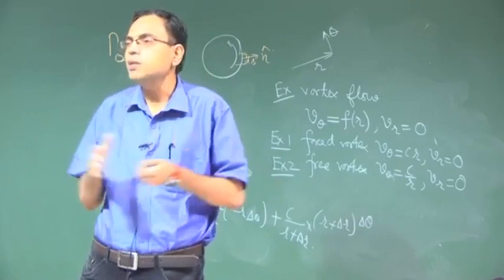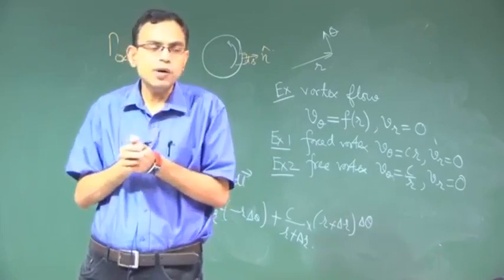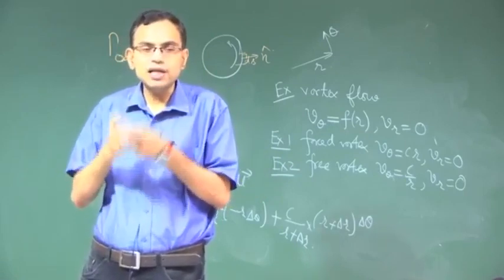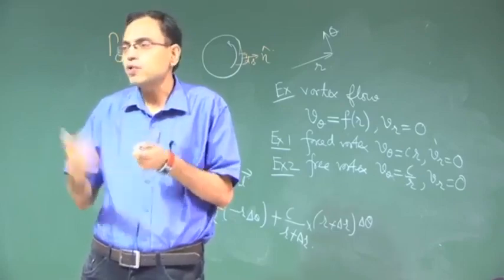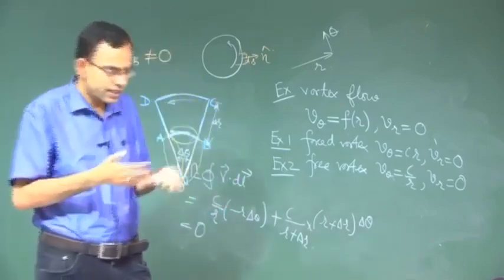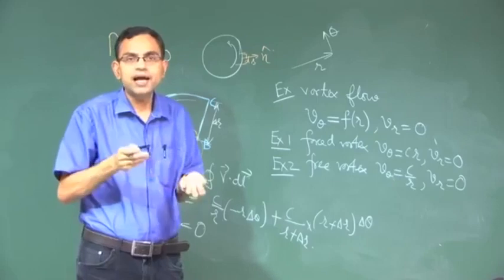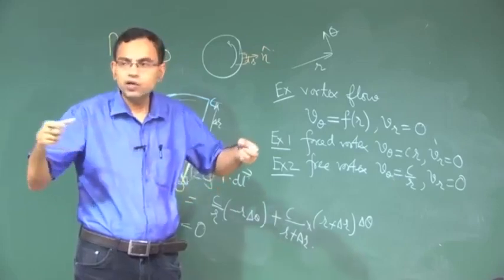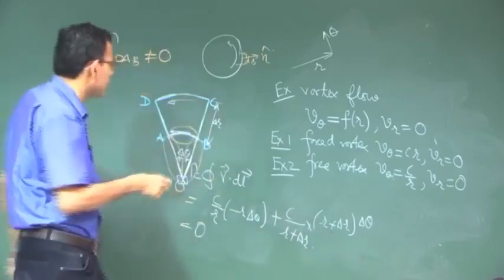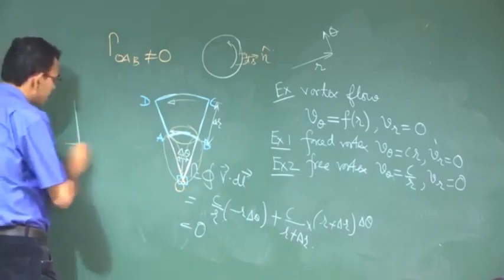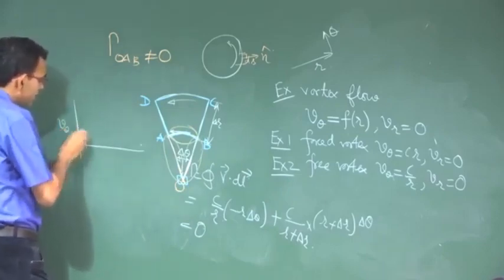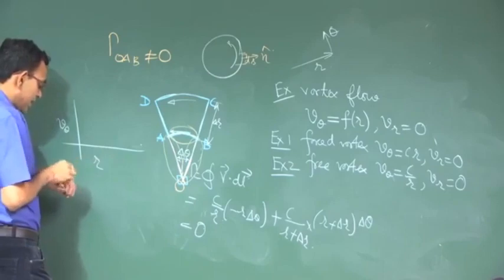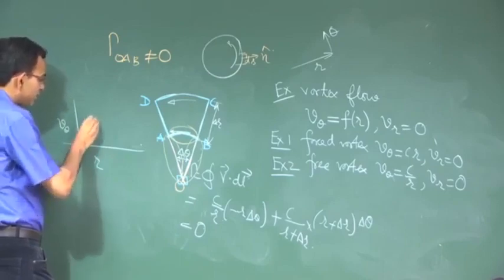Okay. Now, in practice, the forced vortex or free vortex models as standalone models may not be sufficient to describe the practical problem. So, the practical problem is often described as a combination of forced vortex and free vortex, which for example is very commonly used for designing the flow structure during a tornado at the atmospheric scale.